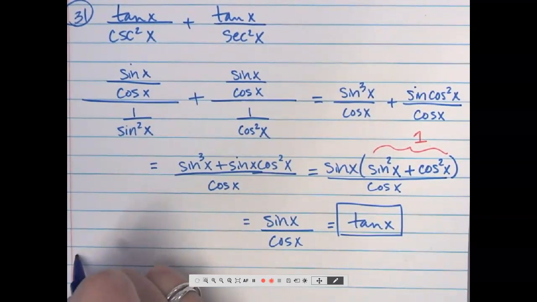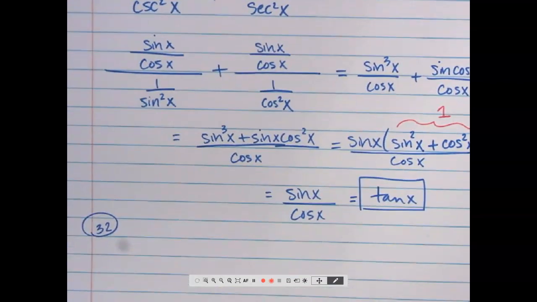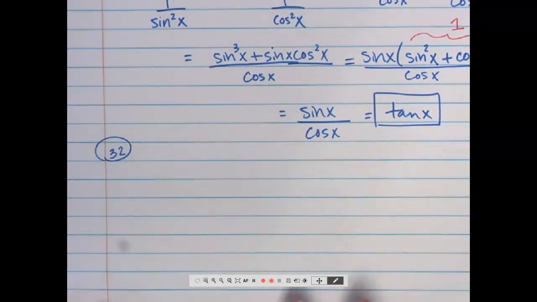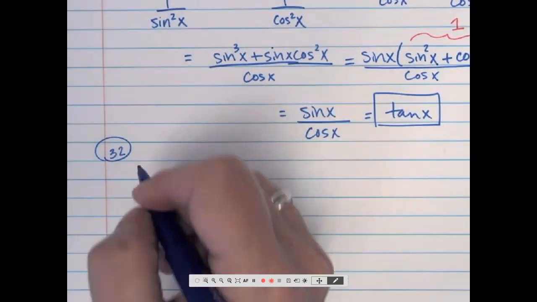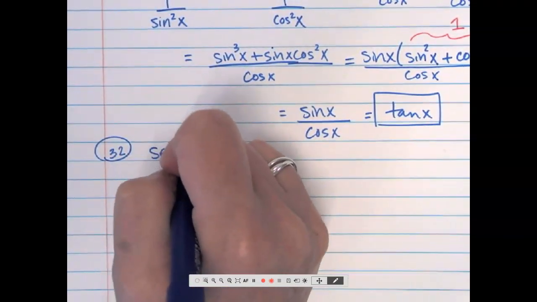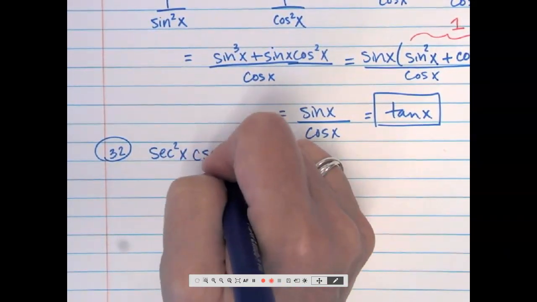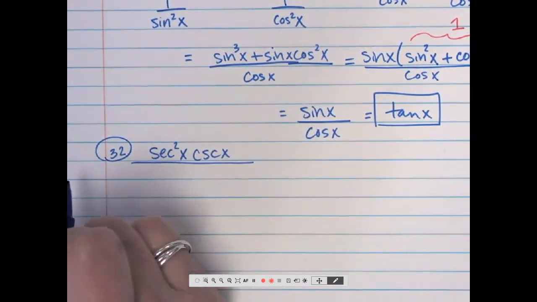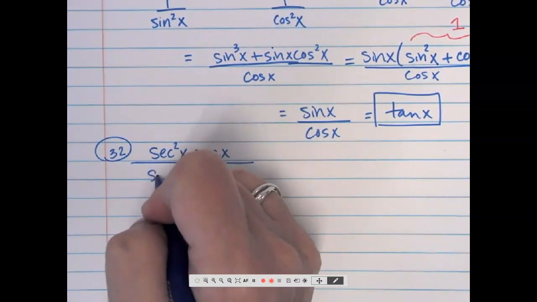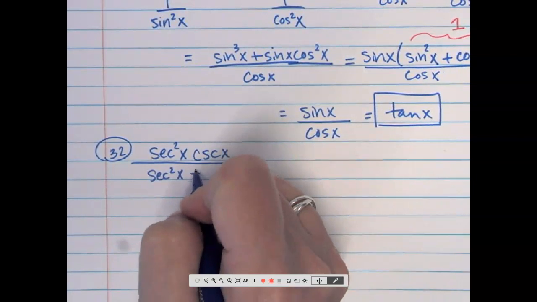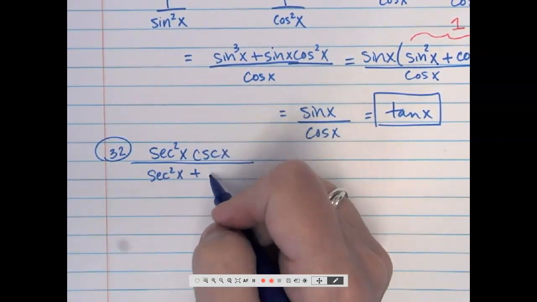Okay, 32 is next. 32, secant squared x cosecant x over secant squared plus cosecant squared.